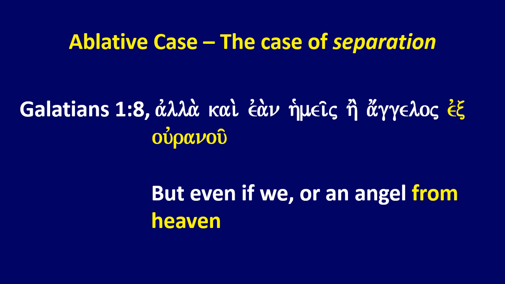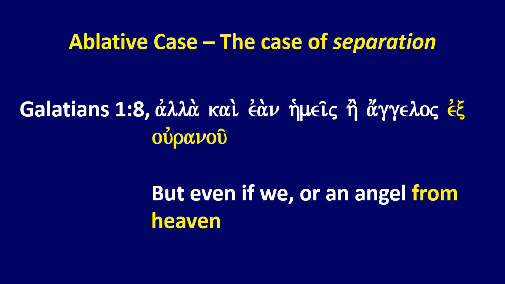But the word for heaven, ouranos, is actually here now in the ablative case form, the same form or spelling as the genitive, but clearly it doesn't mean of an angel of heaven. It means from heaven. In other words, if someone came from heaven as an angel and preached another gospel to you, don't believe it, is Paul's point.